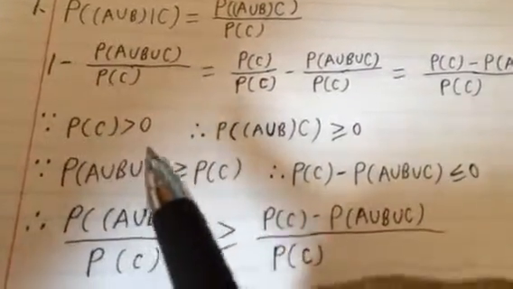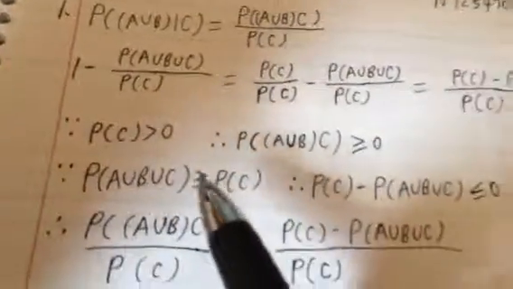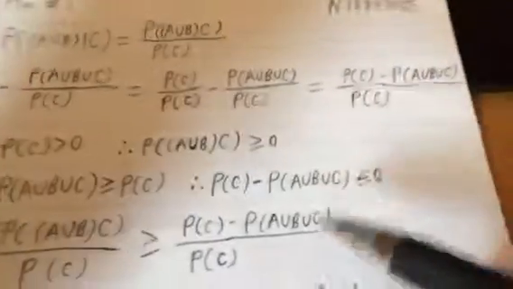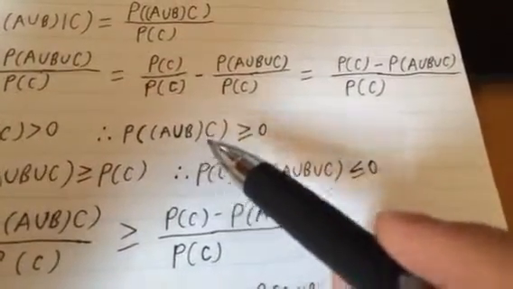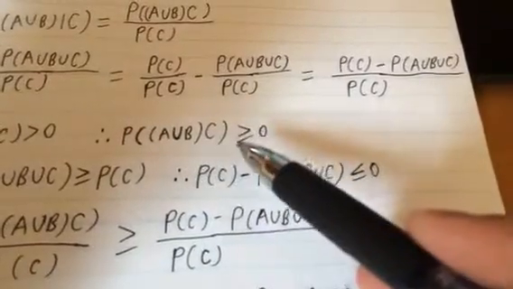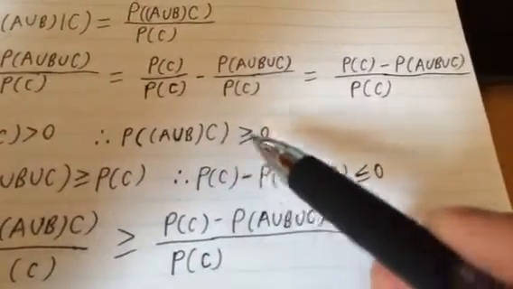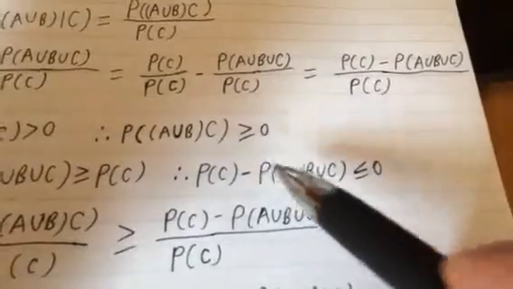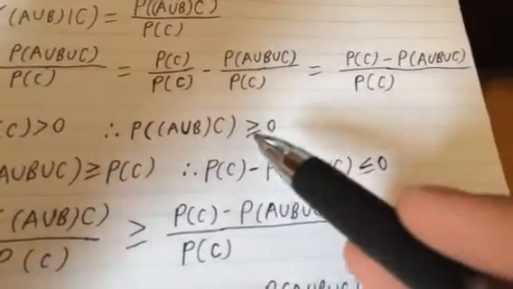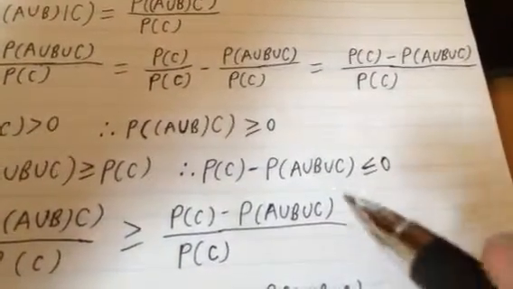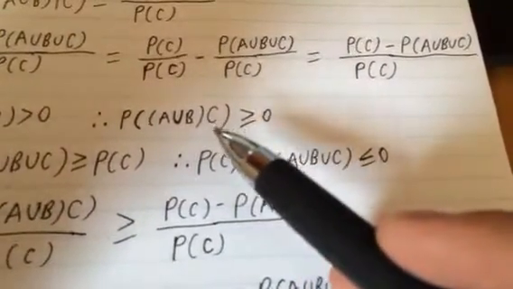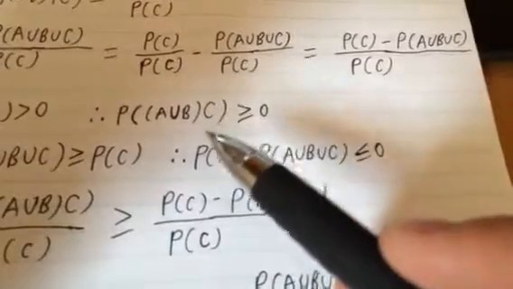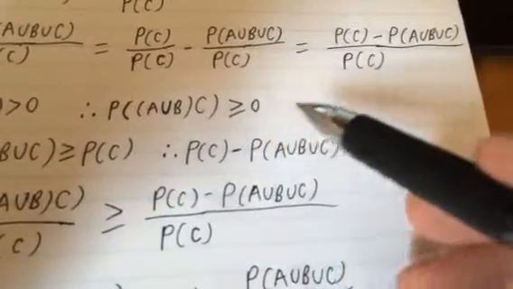Since the probability of C is always bigger than 0, we get that the probability of the intersection of C and the union of A and B is always bigger than or equal to 0, because when the union of A and B is 0, then this one could be 0.